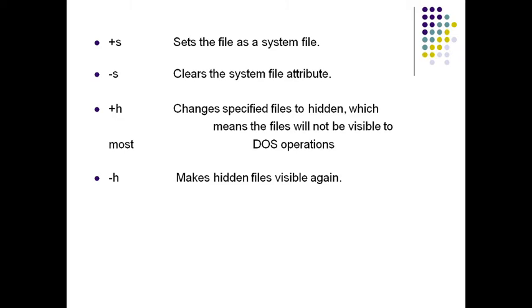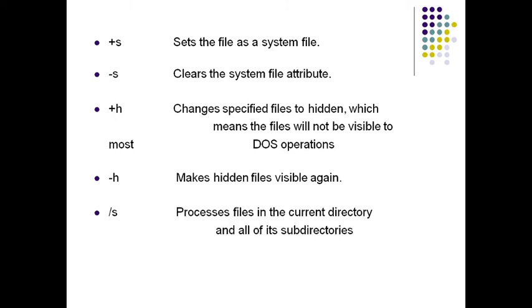Next option is plus H. It changes specified files to hidden, which means the files will not be visible to most DOS operations. Minus H makes hidden files visible again. Next option is slash S along with the attrib command. It processes files in the current directory and all of its subdirectories.